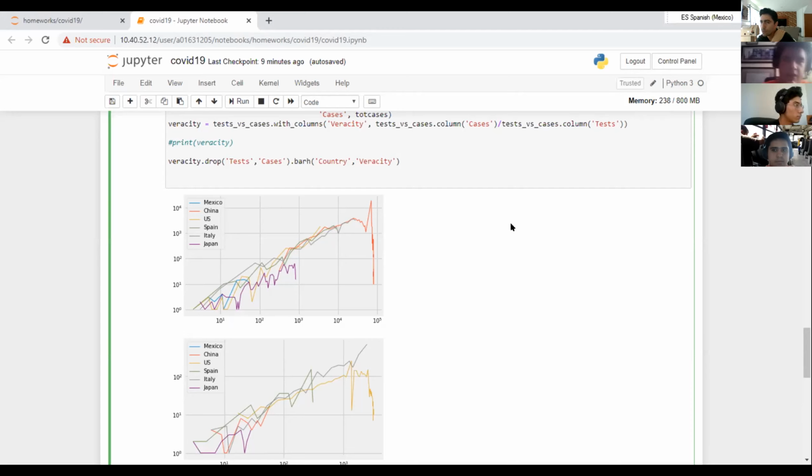That's why most of the results you're going to see here come from the data of bigger countries like the US and China, because they have more data. What does the x-axis mean? In the x-axis you have 10 to the power of 1, 10 to the power of 2. The x-axis is the total cases registered in that country, and the y-axis is the new cases.